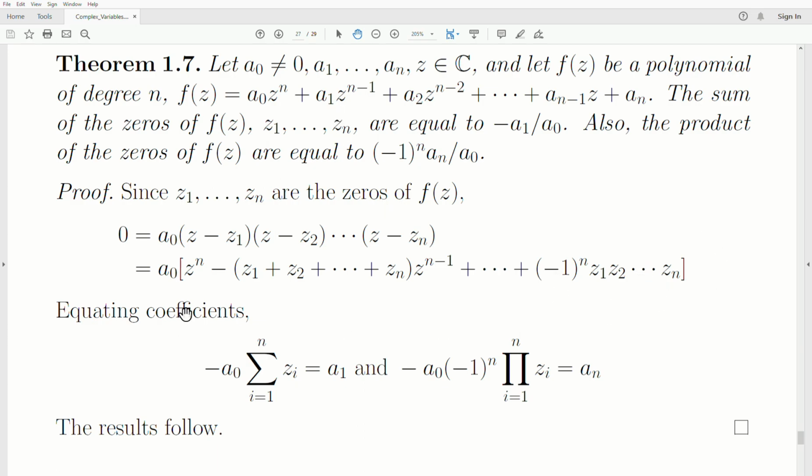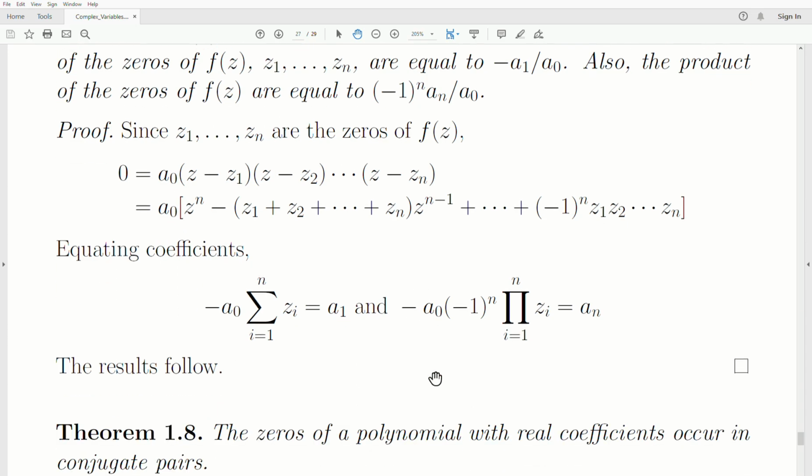This coefficient, now don't forget the a0 multiplied in, has to equal, and then the product is a0 times the product of the zeros. Now this should be a plus, dang it. And I'll fix that in a hard copy.